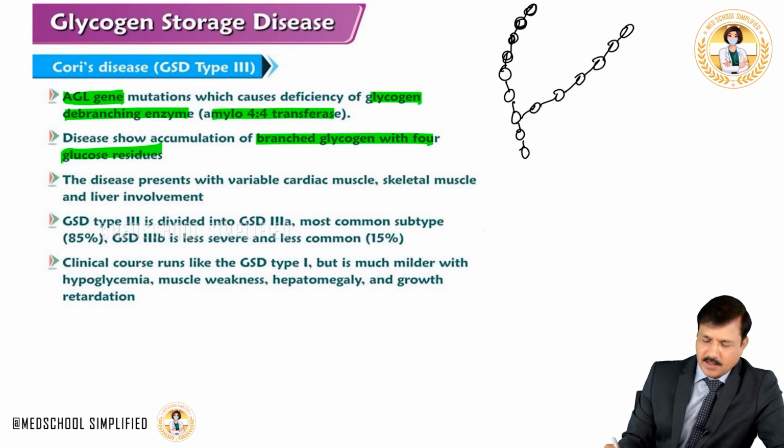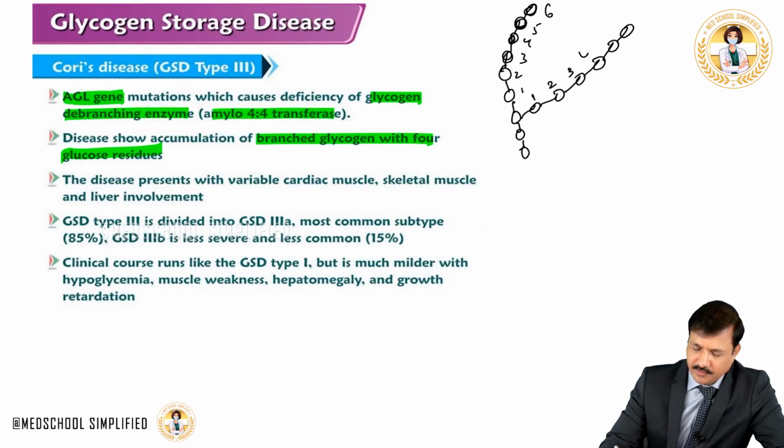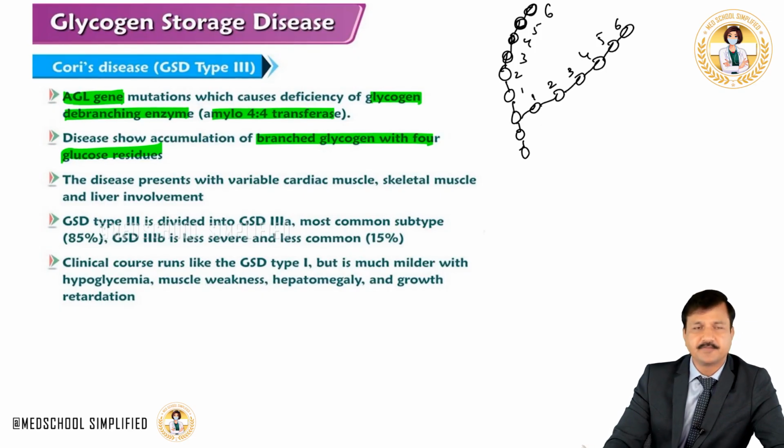Alright, so here I am going to number these glucose residues on either side. So 1, 2, 3, 4, 5, 6 residues here, and on the other side 1, 2, 3, 4, 5, 6 residues here.